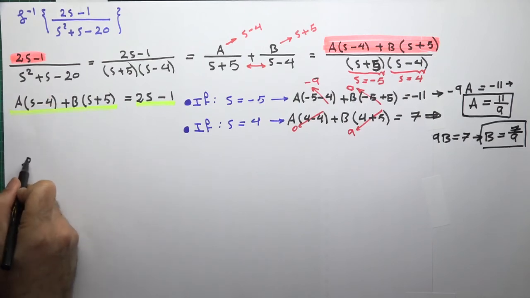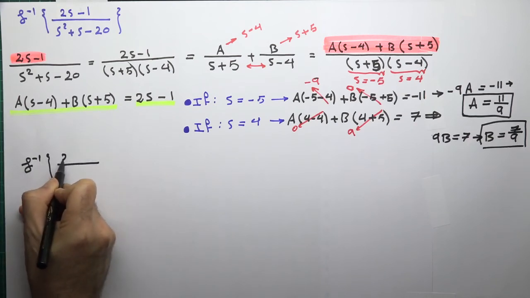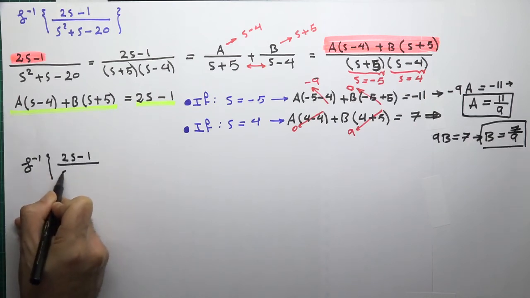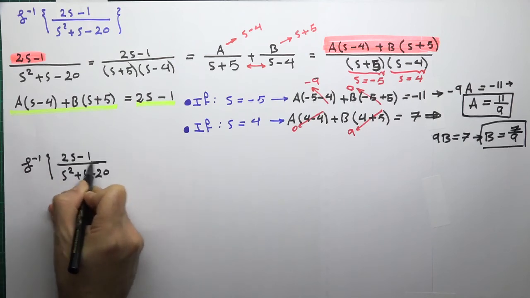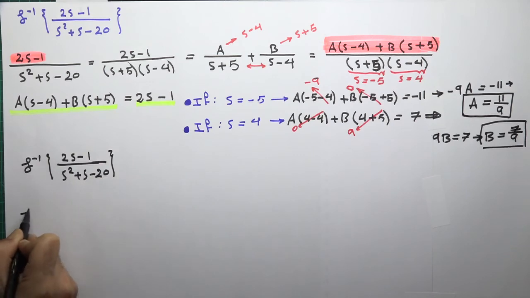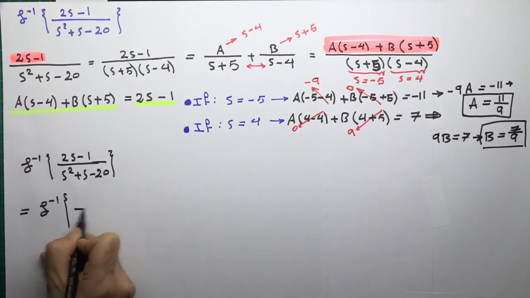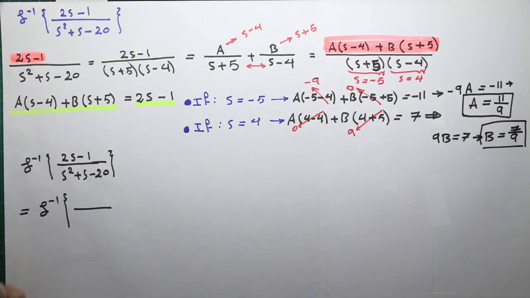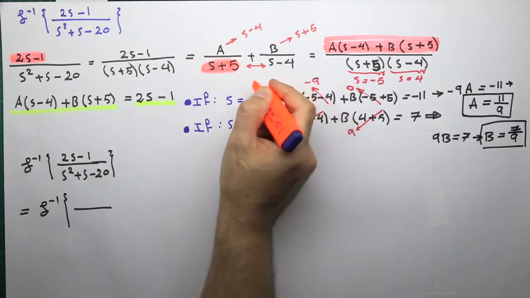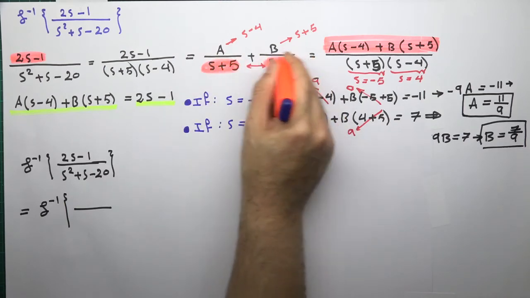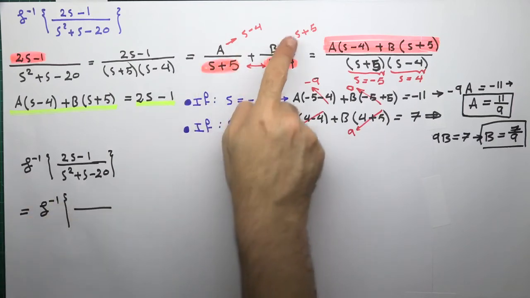First of all, I will write this like 2s minus 1 over s squared plus s minus 20. It will be inverse Laplace of A. ما بنقدر نغير مكان A و B. إذا كانت A over s plus 5 و B over s minus 4 لازم نحافظ على أماكنهم، يعني ما فينا نحط A over this or B over this.